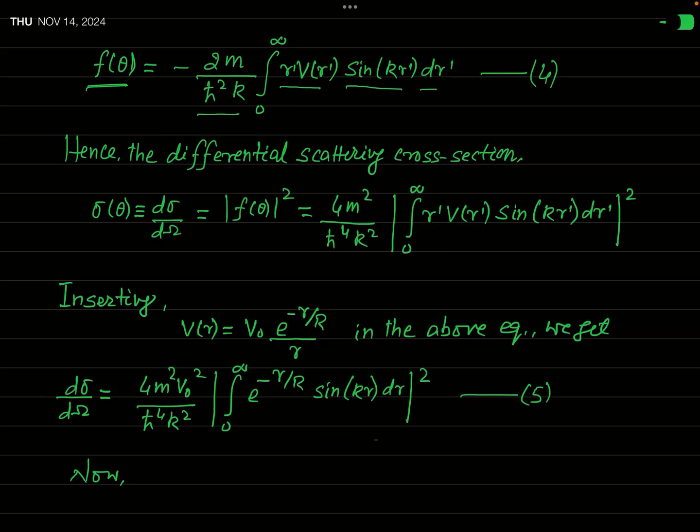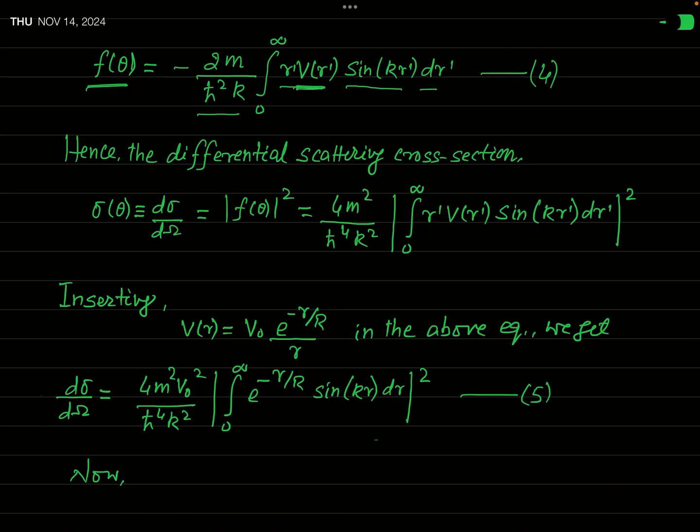Okay. So in this way, we have obtained the expression for the scattering amplitude if the scattering potential is V of r'. Now if you know the actual value of this potential V of r', you can evaluate this integral for getting the value of the scattering amplitude.